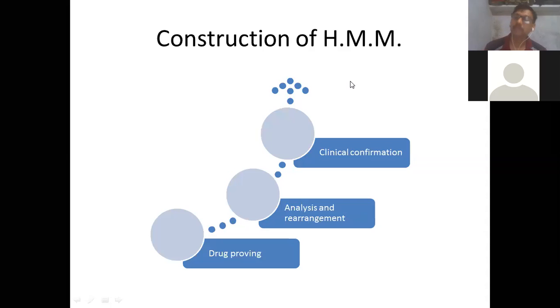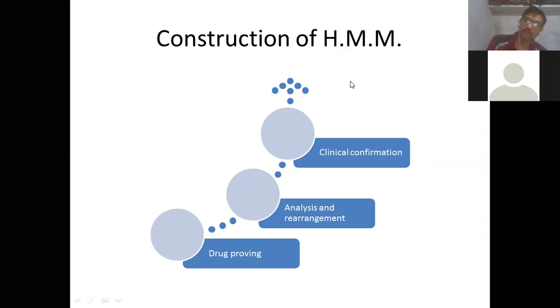It produced the symptom in the drug proving, and that's why it gives relief to the patient, and that's why it is confirmed: yes, thirstlessness is a symptom of Pulsatilla.